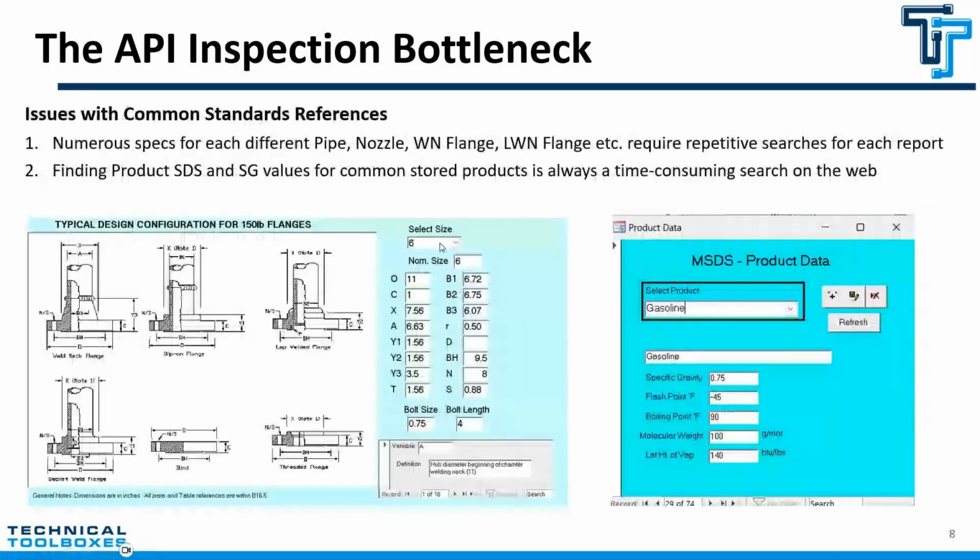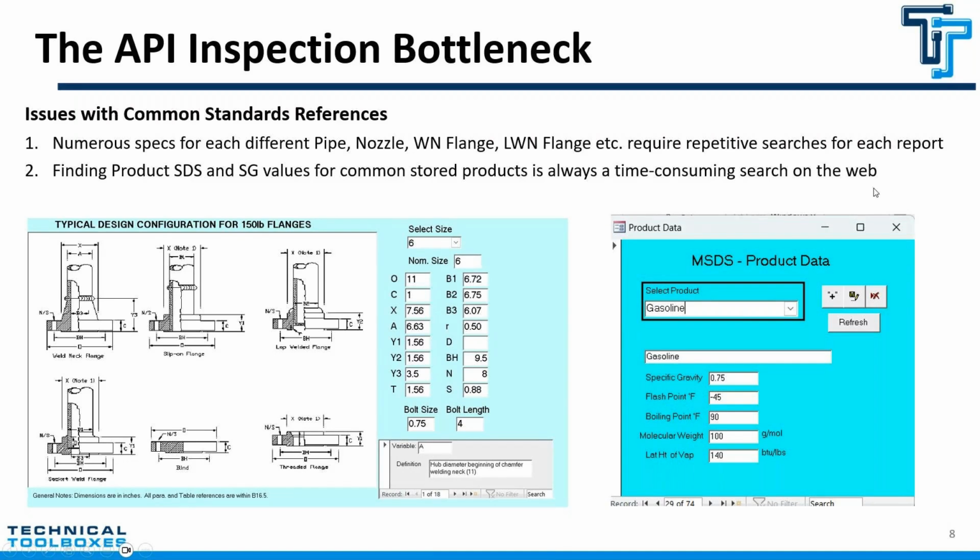So, issues with common standard references. Numerous specs for each different pipe, nozzle, weld, flange, etc. require repetitive searches for each report. So you've got to go back into each one of these different standards, finding products, SDS, and specific gravity values for common stored products is always a time-consuming process.